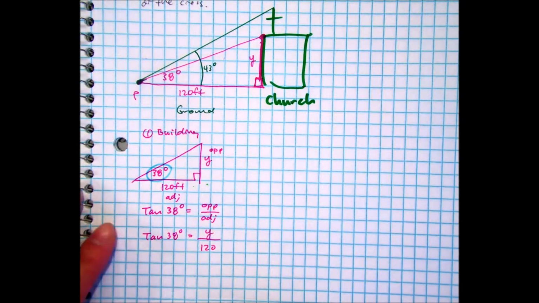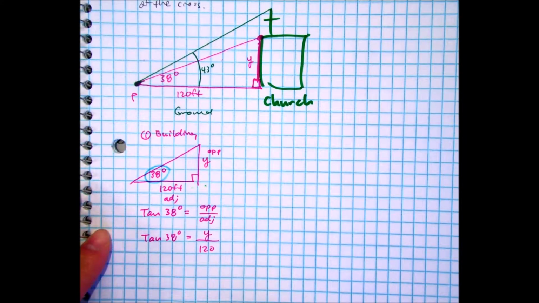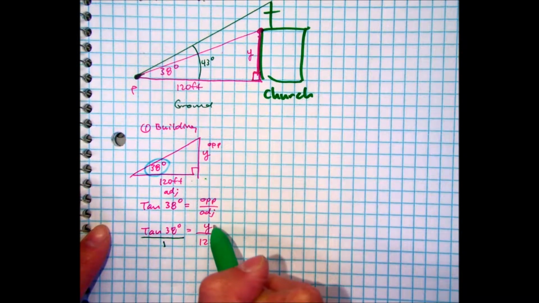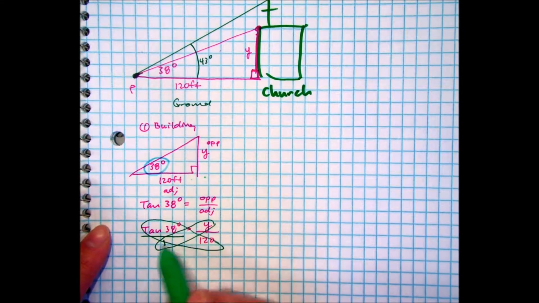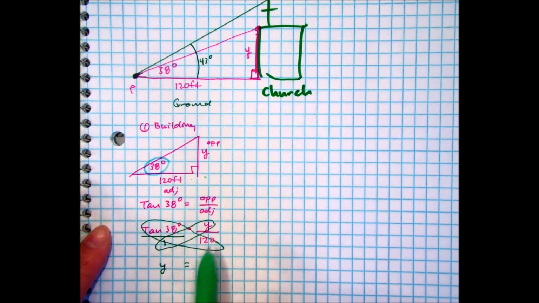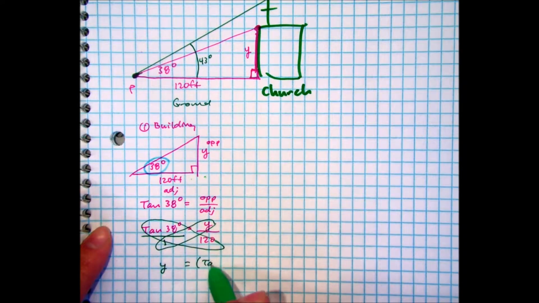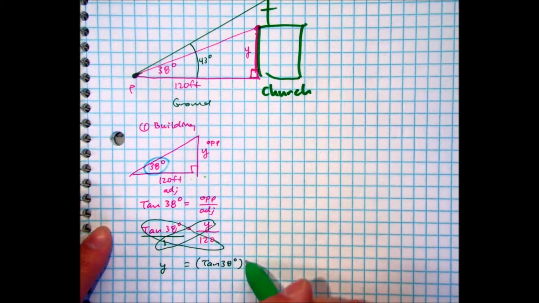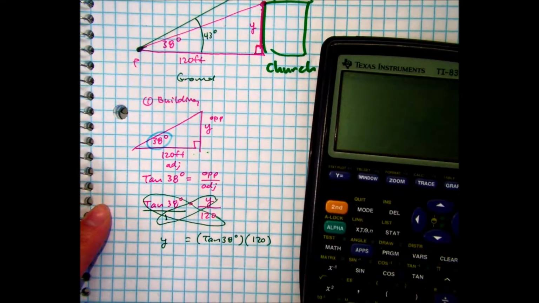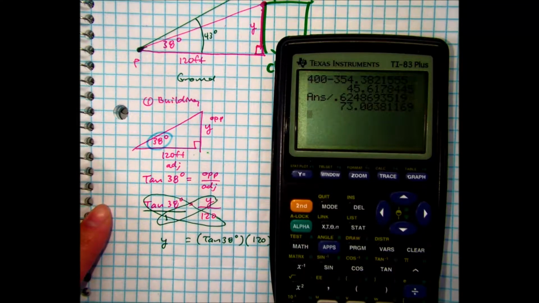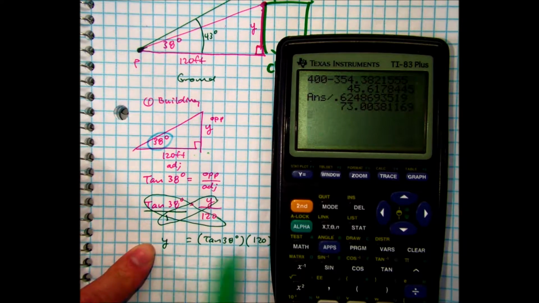Girls, what will we do next to solve for y? Cross multiply, so I'm going to make that a fraction by putting it over 1. So I have y, or 1y, equals the tangent of 38 times 120. We're going to put that in our calculator. Now, this is the best answer right here, because this is not my final answer, so it's an exact answer.